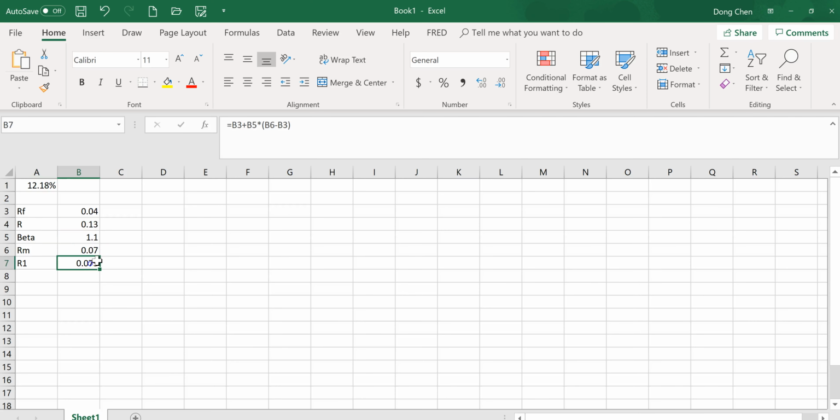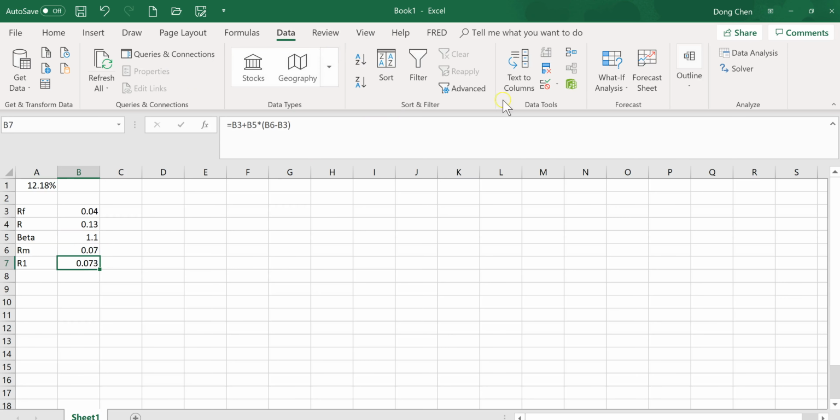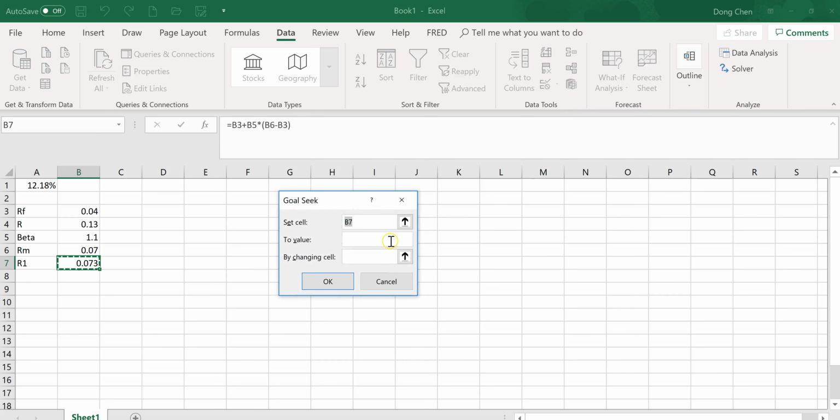And how do we do that? We can use the function in the Data tab, What-If Analysis. We use the Goal Seek function. If you pull out this Goal Seek menu, you can see the first one is Set cell, to value, by changing cell. The set cell is R_1, which is B7 automatically.